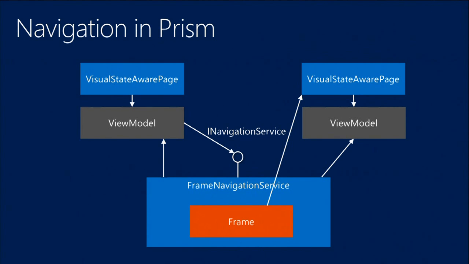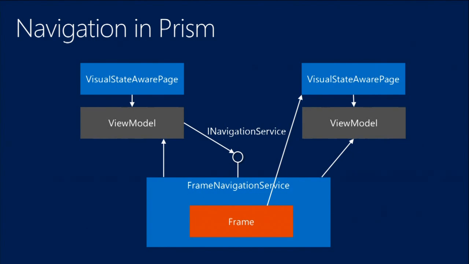So you can think of the arrow on the left going up and the arrow on the right going up as your unloaded and loaded events in a view. You have those corresponding things happening in your view model. And specifically the way Prism gets this done is the frame navigation service is really looking to the frame that it's containing, looking at what the current page is, trying to cast the current page's data context to an interface called INavigationAware defined in Prism that defines these methods that are going to be called.